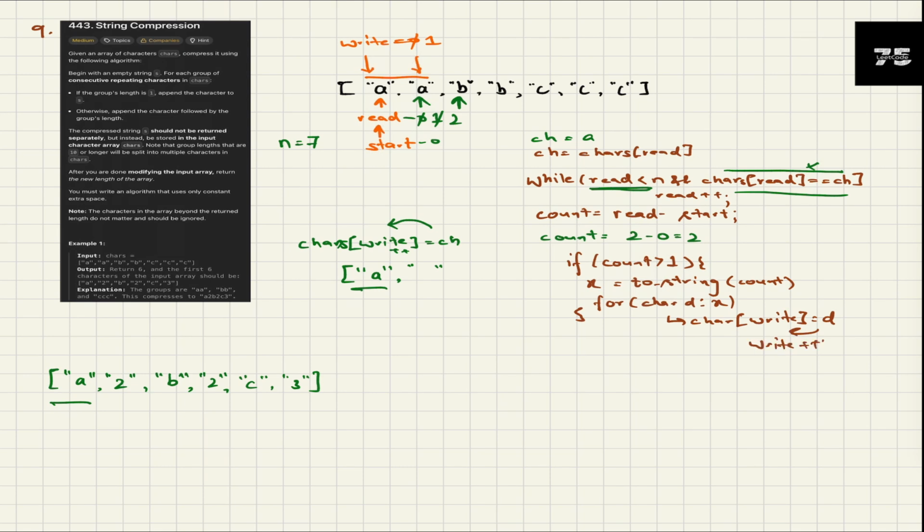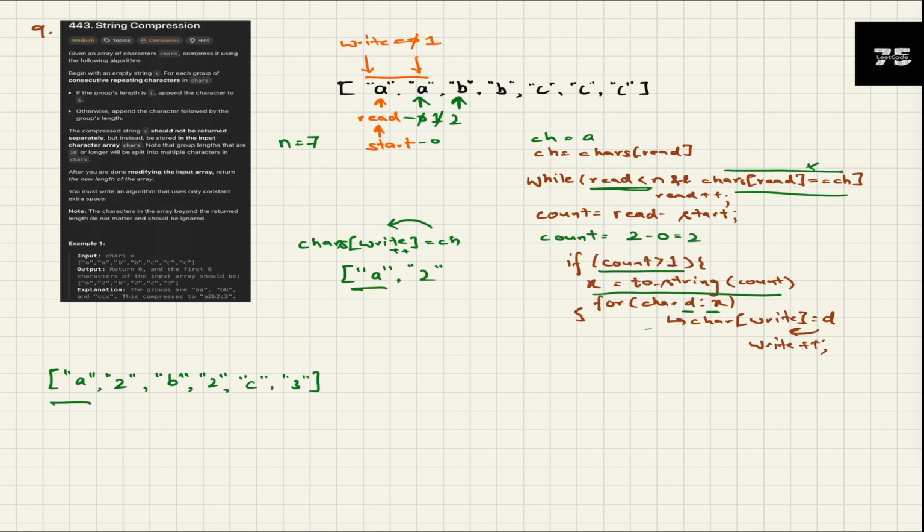So now I know that my count is greater than 1, so I'm gonna convert it to the string format and write this digit. Whatever digit I have in x, which is nothing but 2, for this digit I'm gonna write over here.